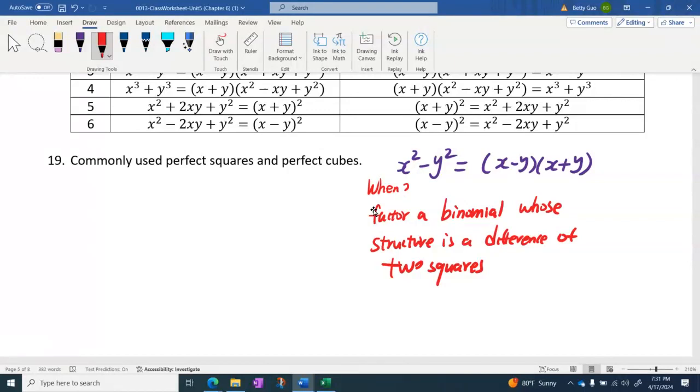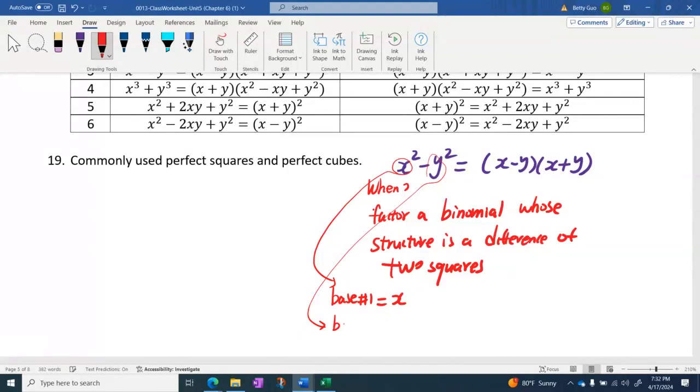If you are going to factor a binomial, of course you have to check the GCF. If the GCF is not 1, you factor out the GCF. And then you look at the structure of the binomial. So if the structure of the binomial is a difference of 2 squares, the first base is x.